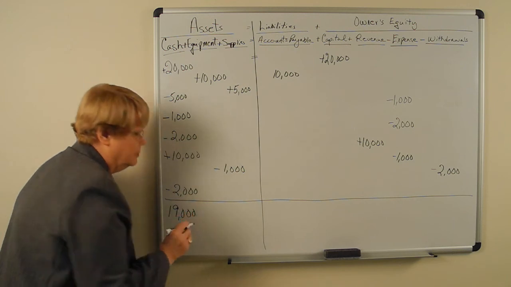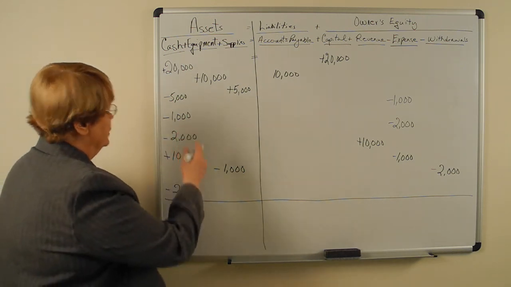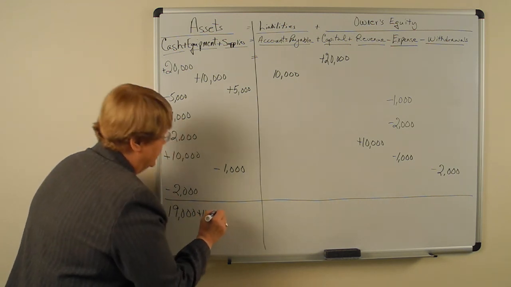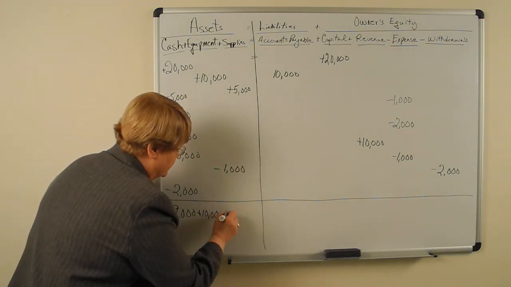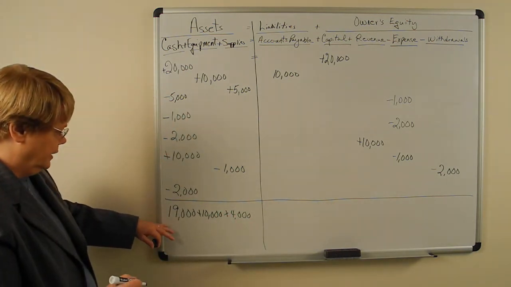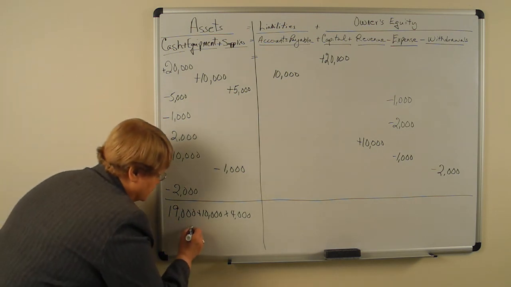Now I'm just hoping, I'm making this up as I go, so I hope it comes out. If it doesn't, we'll figure out why. We have $10,000 in equipment, and we have now $4,000 in supplies. So if we add those numbers up, we have $19,000, $29,000, $33,000 total.